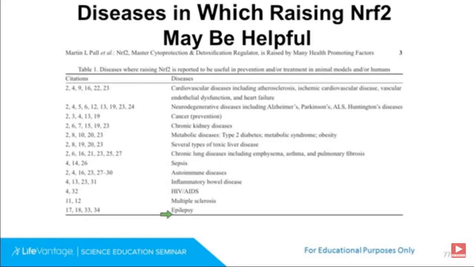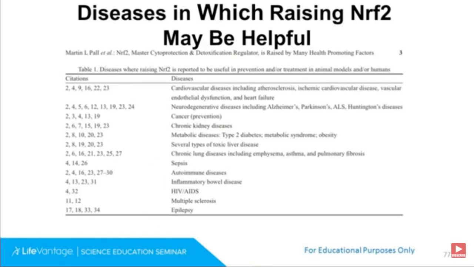Now, this is a laundry list of a lot of different things, and again, their common denominator is oxidative stress as the root cause. So you can imagine, if you can reduce oxidative stress through the Nrf2 pathway, how it is that you could affect so many different seemingly unrelated conditions.